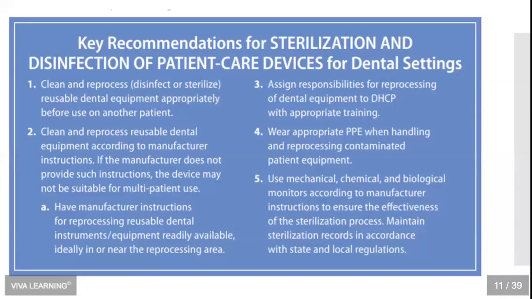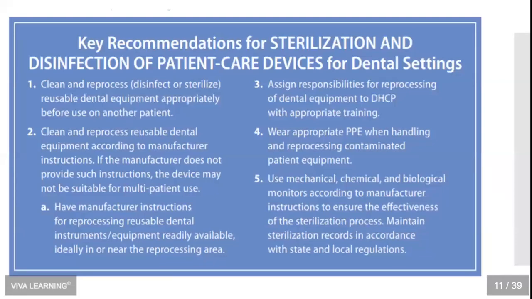As we go further into the instructions for use, have the instructions for reprocessing reusable dental instruments and equipment readily available, ideally in or near the reprocessing area. And that would be for equipment such as your ultrasonic or your autoclave or any type of cleaning equipment that you might have the instructions for use there.